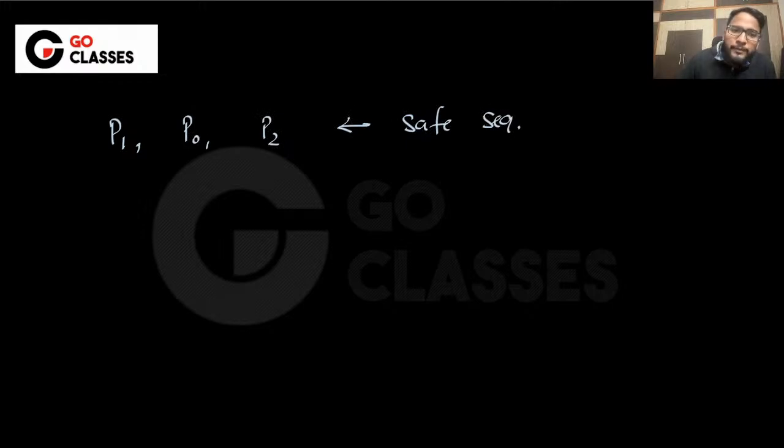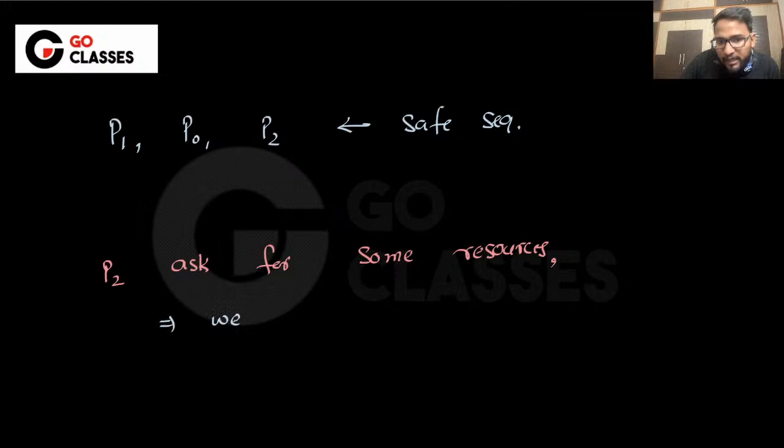Now suppose P2 asks for some resources, and we are asking it to wait. Why? Let me write it. We can't give because the resulting state is unsafe.